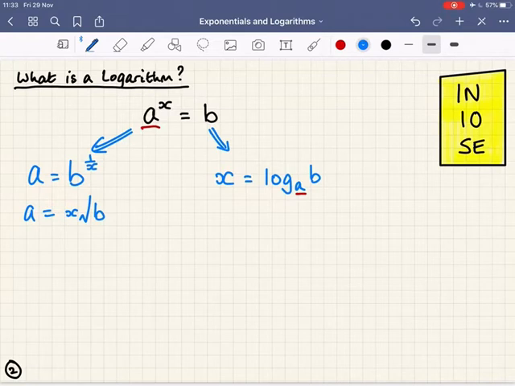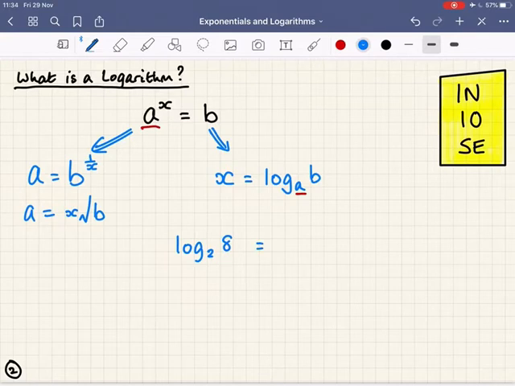So this is called the base of the log, a, and it's basically an expression that says log a of b. What did I raise a to the power of to get b? So, for example, if I had log to base 2 of 8, let's just correct that for you, log to base 2 of 8, I'm asking the question, what did I have to raise 2 to the power of to get 8?